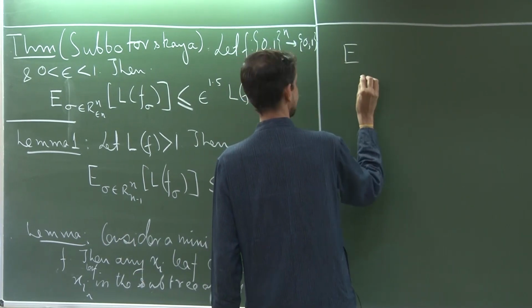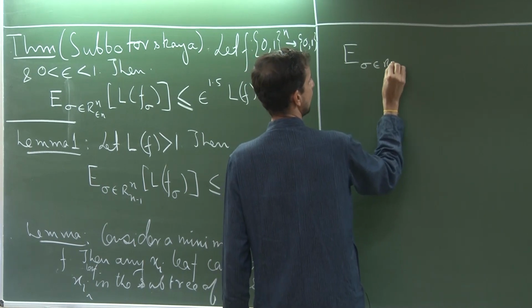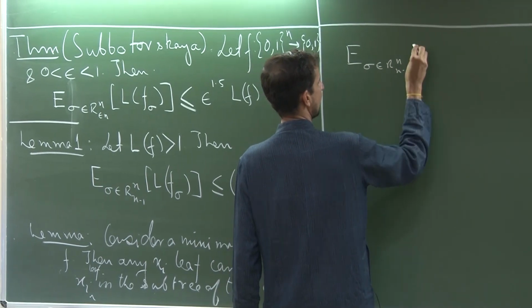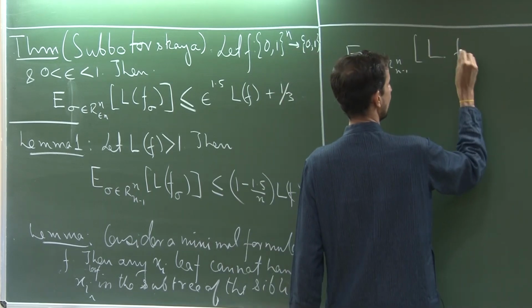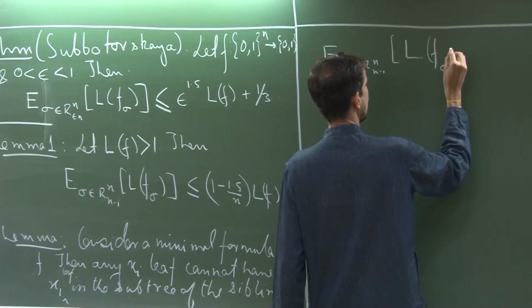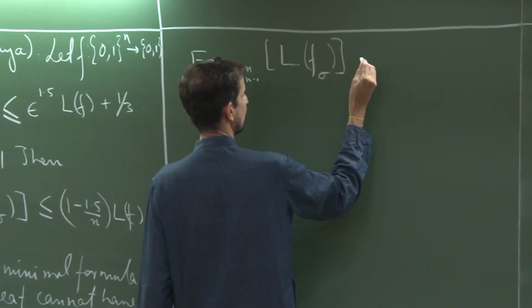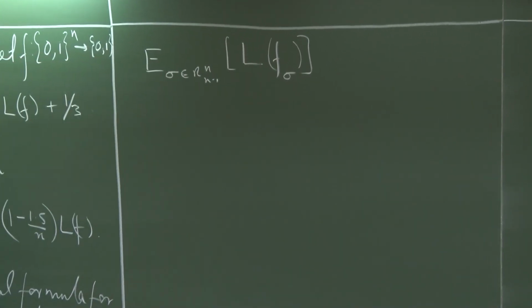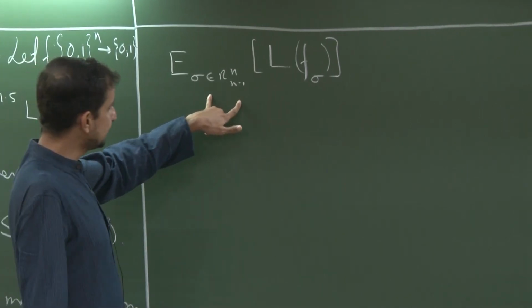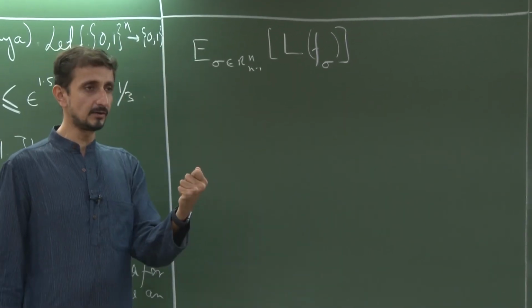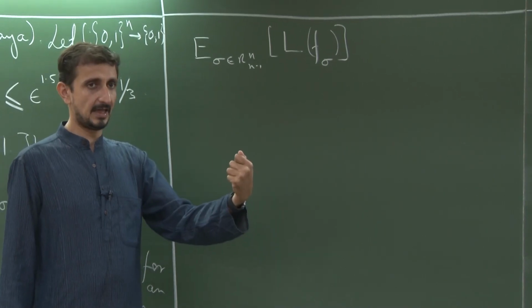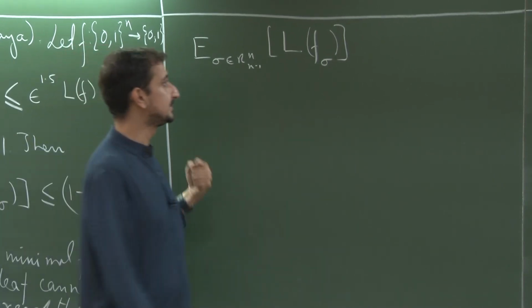So what does this mean? What this means is that the expectation is over some variable, and each variable can take a value 0 or 1.